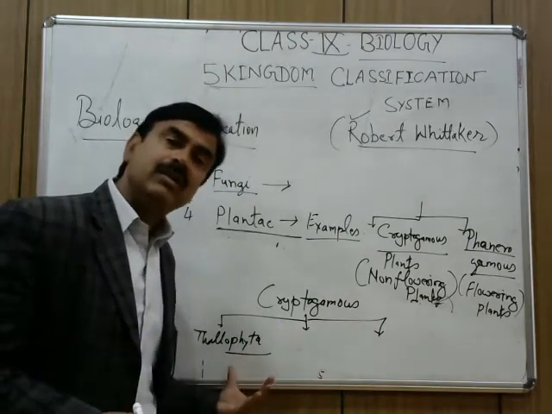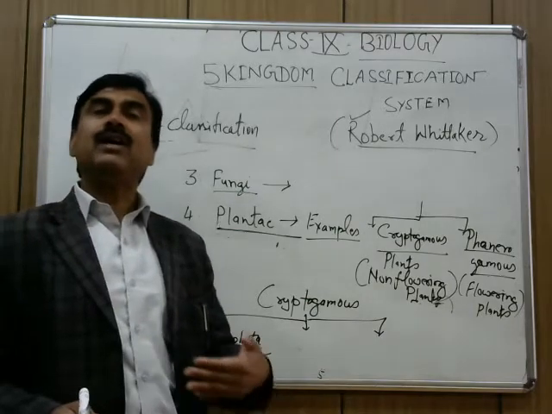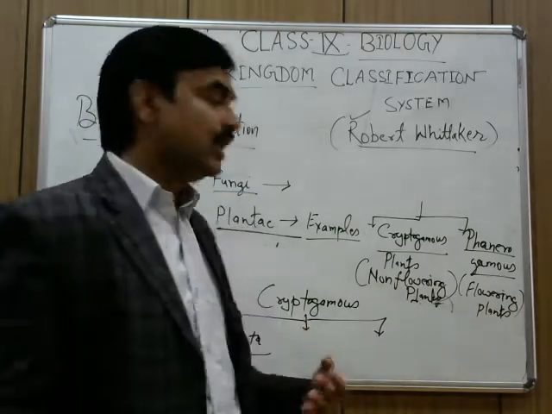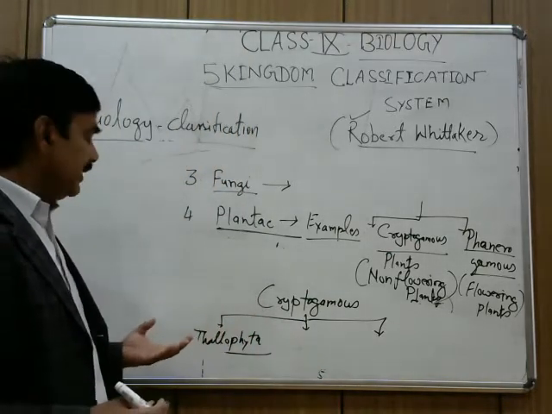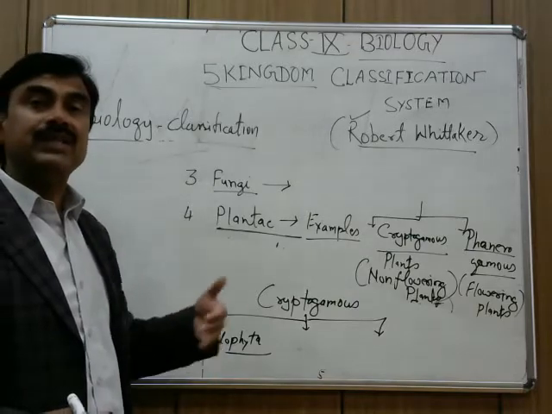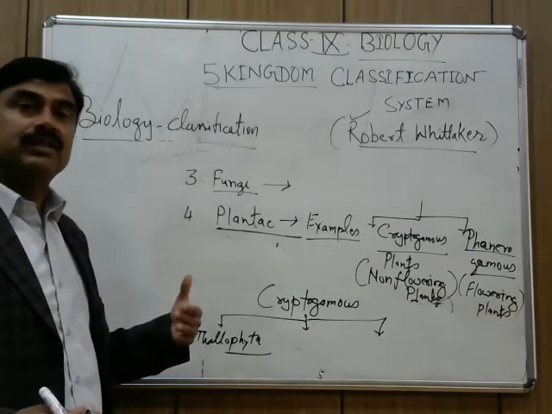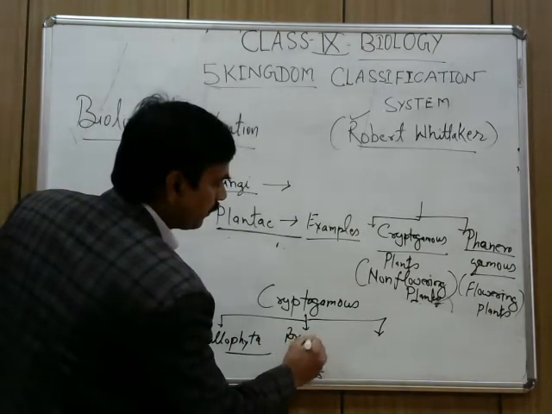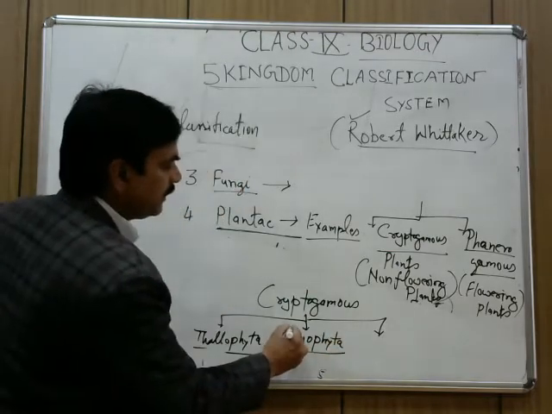They are poor categories, they don't have well developed leaf, stem and roots, so they are kept in the Thallophyta. Thallo means thalloid, undifferentiated, undivided, a thallus structure, right? So Thallophyta. Then Bryophyta.